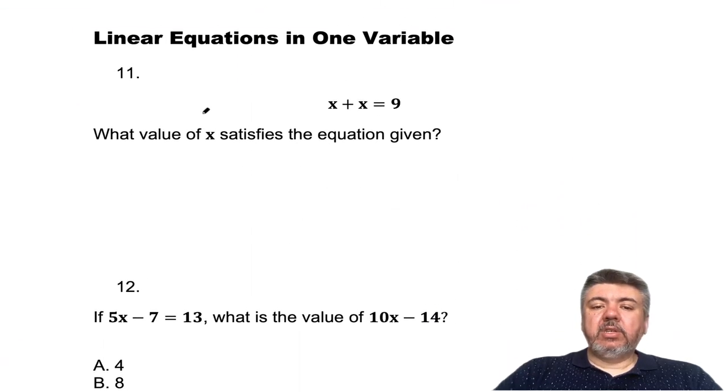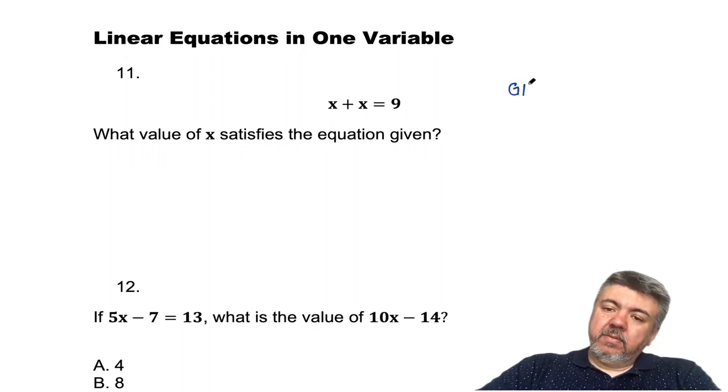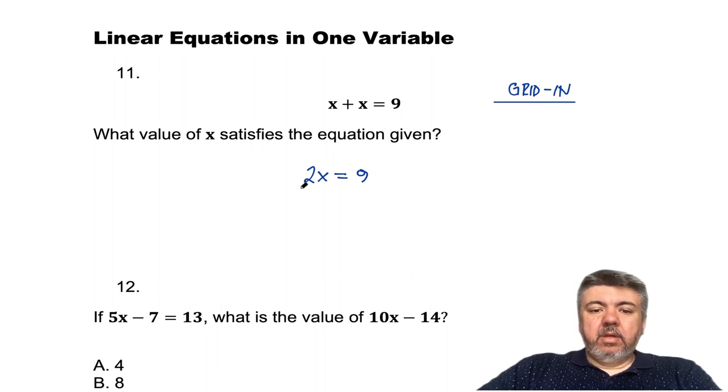Okay, in question 11 we have a grid-in question. We don't have the options, the choices here, and we will write it. Like it's x plus x is 2x equals 9. Okay. Divide by 2 on both sides.